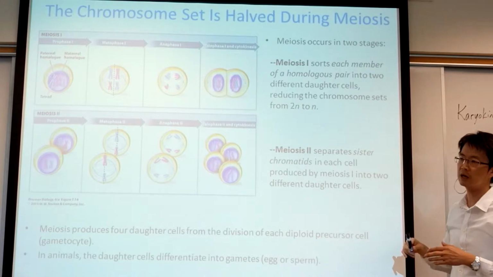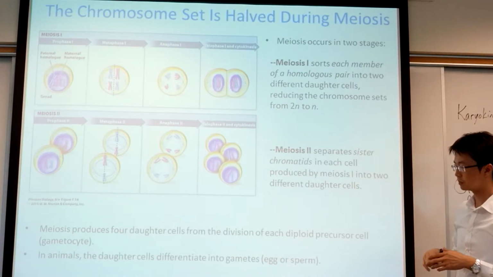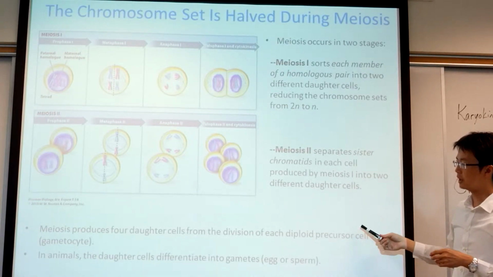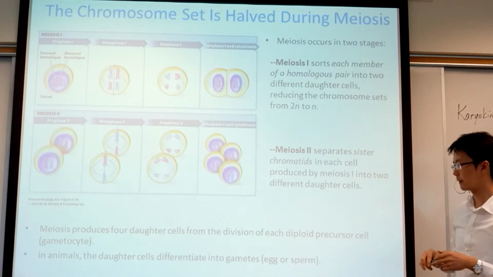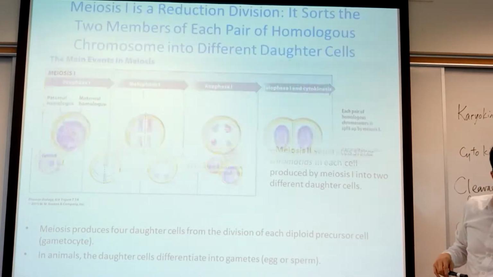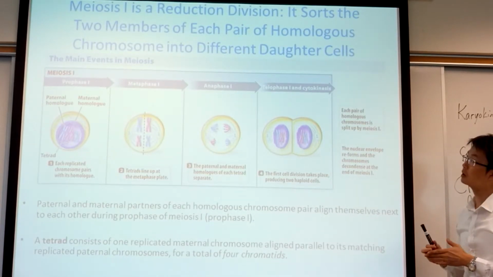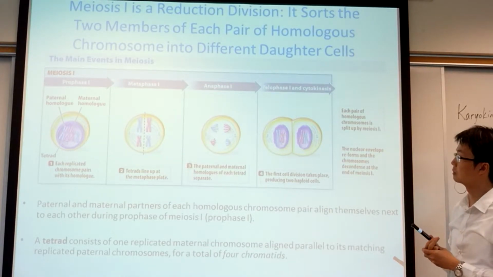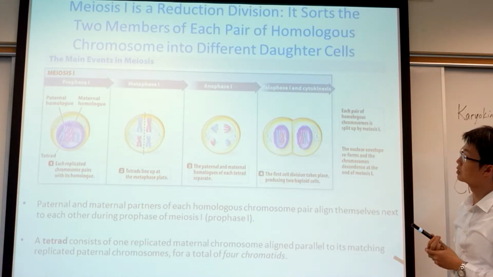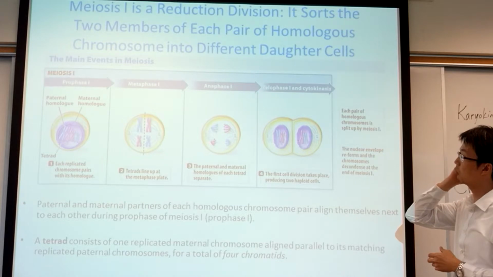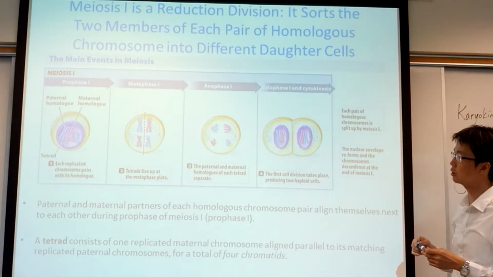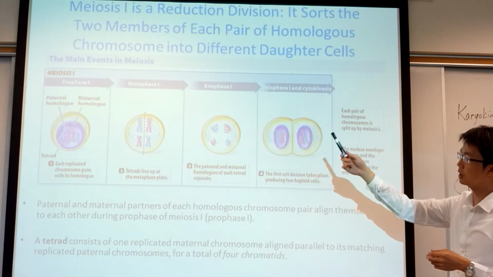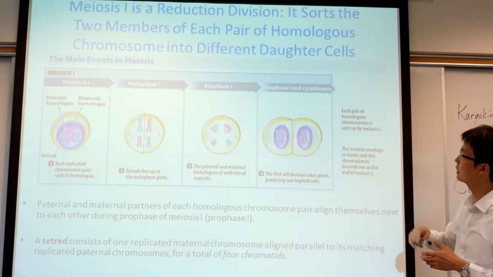So this is meiosis 1. And at the end of meiosis, it produces 4 daughter cells, and they are all haploid. Meiosis 1 follows very similar stages as mitosis. You have prophase 1, metaphase 1, anaphase 1, and telophase 1.